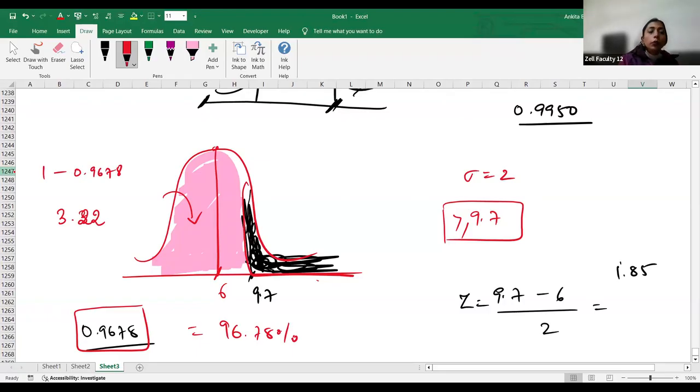So 3.22 percent is the probability that the return, whatever we have calculated, is greater than 9.7. Okay.